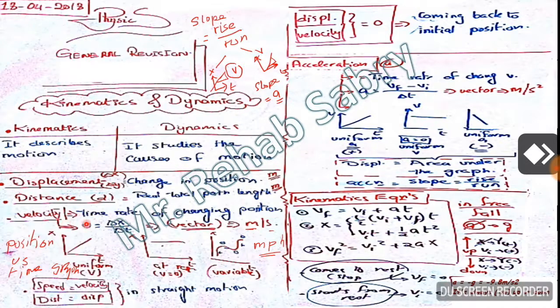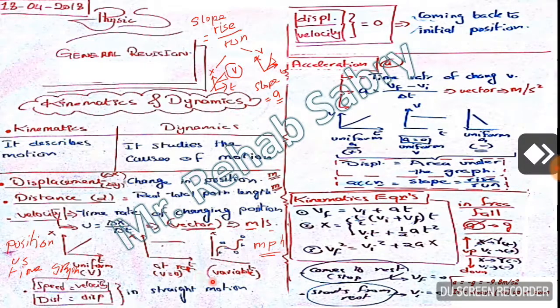In this case, the slope is constant, so it's uniform velocity, and it's positive because the line is going ascendingly. Here the slope is zero because the line is horizontal, so the object is at rest and the velocity is zero.